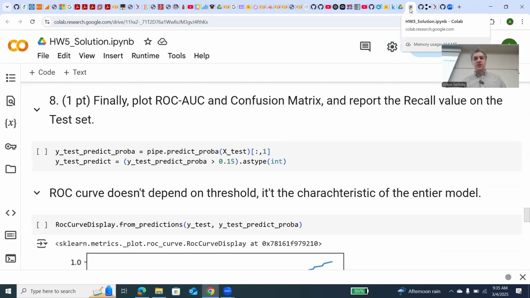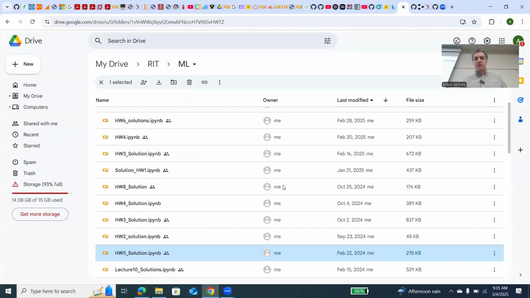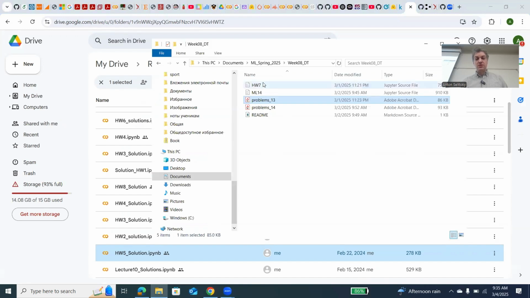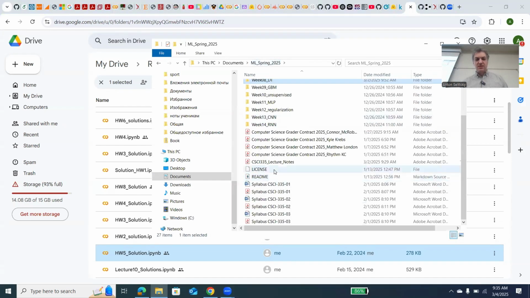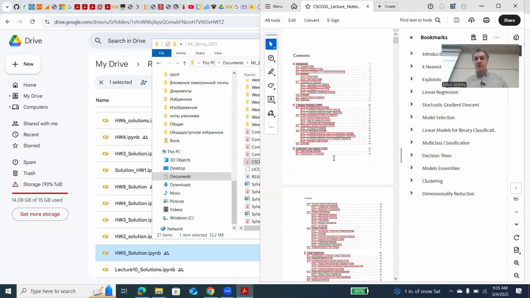Also, I want to mention that I updated the lecture notes on precision, recall and the receiver operating curve with additional comments. So I will show you now.